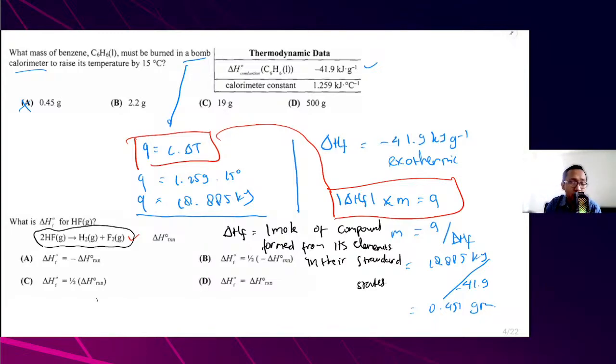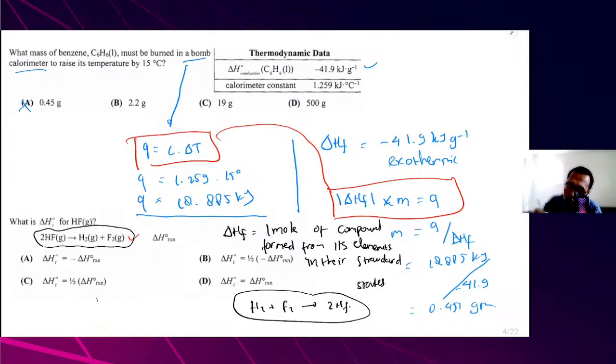The standard formation would be H2 and F2 forming 2HF. However, in this reaction, it is reversed. And for 2 moles, the reverse reaction would be H2 + F2 going to 2HF.